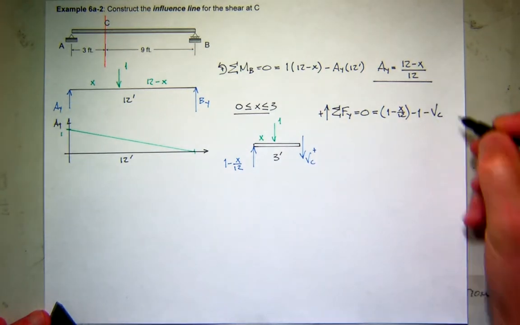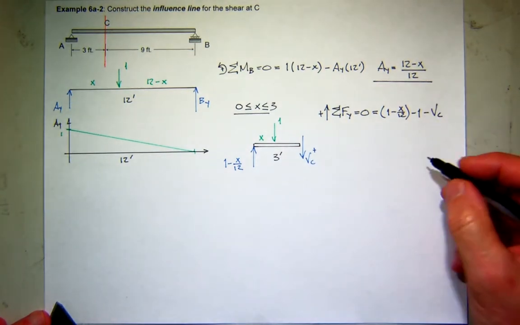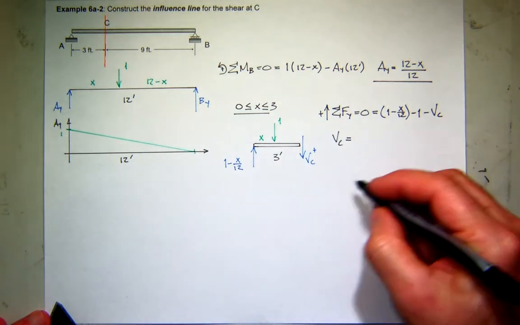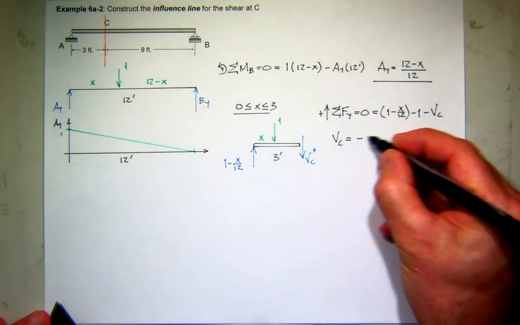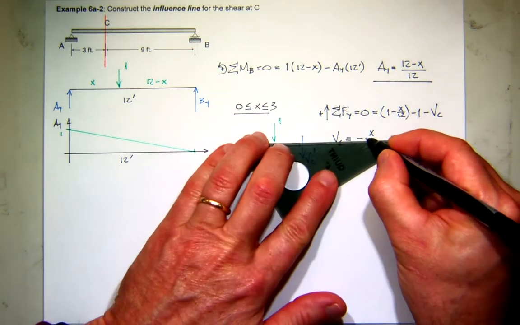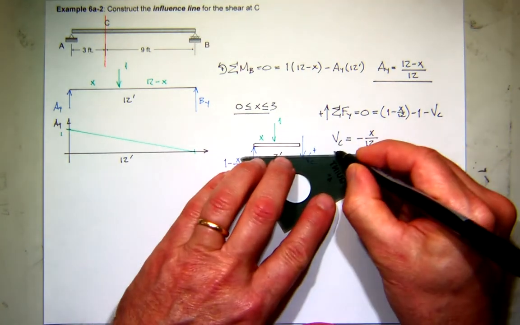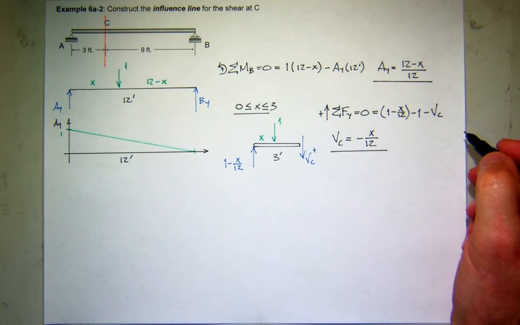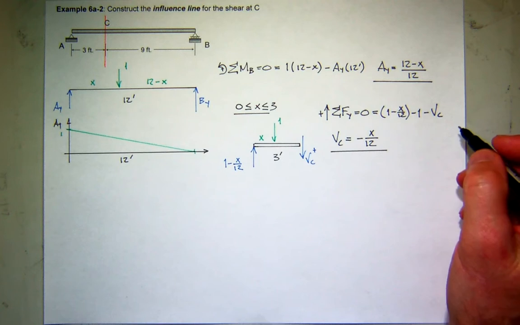I'm sorry, shear at C. So let's solve for the shear at C. And it looks like I just get minus x over 12. Okay? One second.